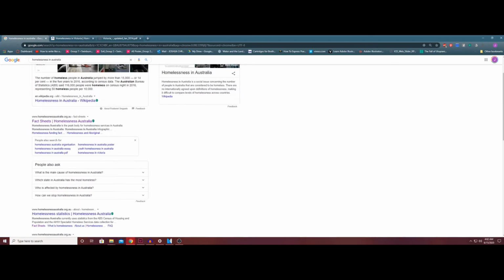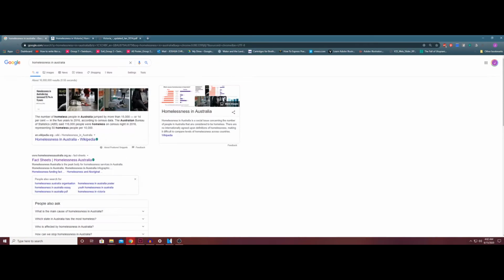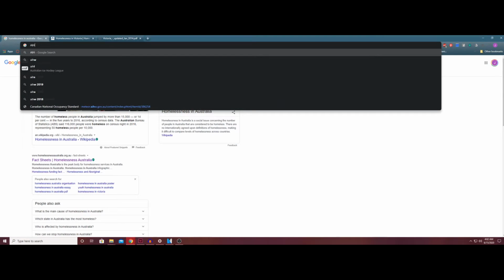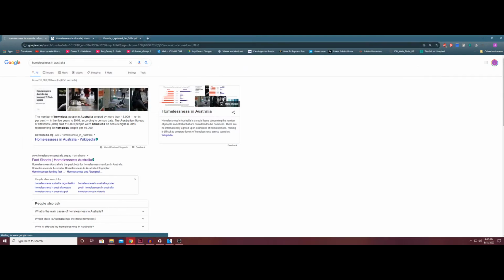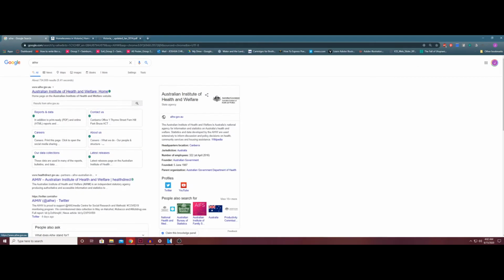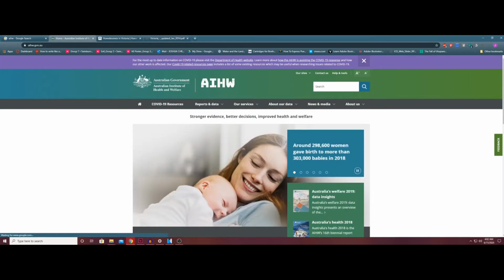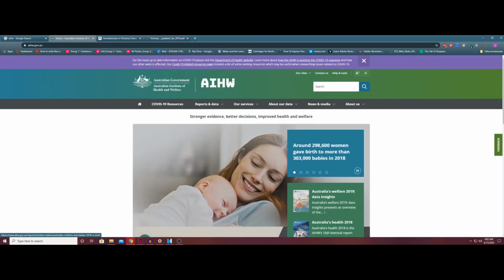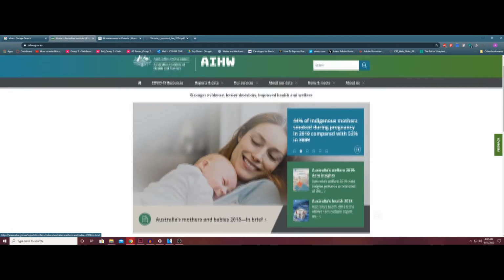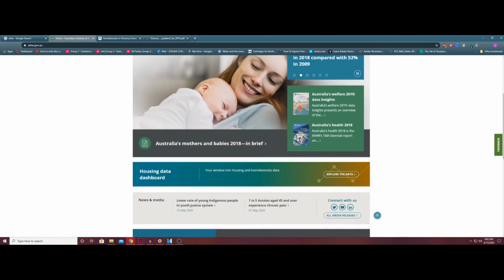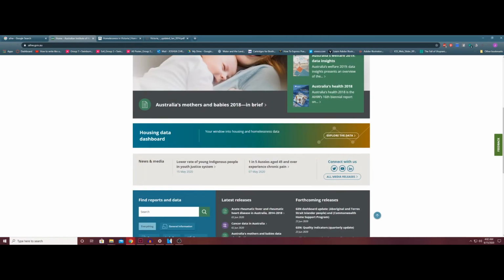There are also some standards by which someone can be defined as homeless or not, which in Australia is the AIHW, the Australian Institute of Health and Welfare. It defines what it means for someone to be homeless, and it defines the welfare and health of the population and sets up the standards.